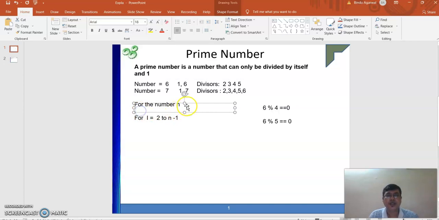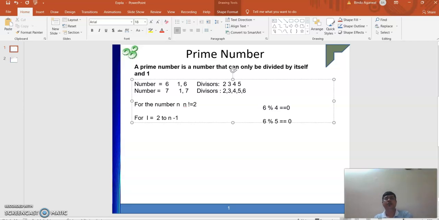So we will check that n should not be equal to 2.